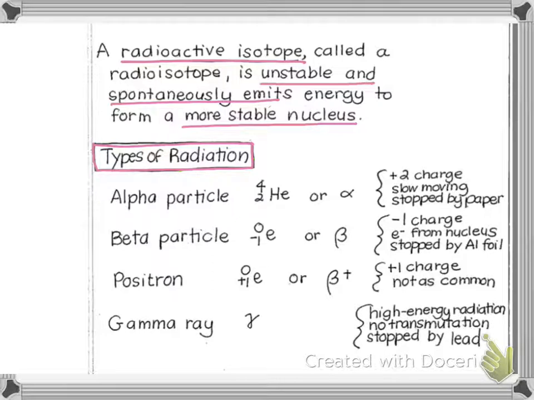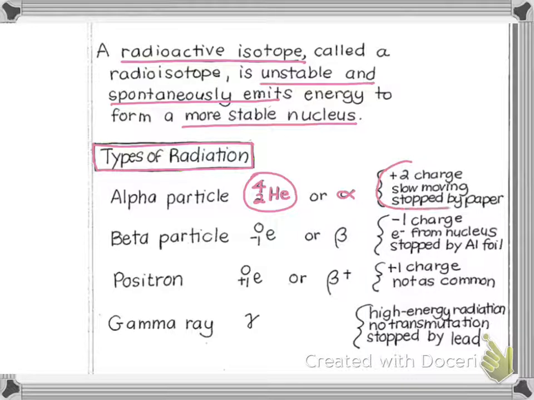So an alpha particle has a symbol that's a helium nucleus. So it has a mass number of 4, an atomic number of 2, and the symbol He. It can also be written using the Greek lowercase alpha, but the helium notation is more easily used in a nuclear reaction.